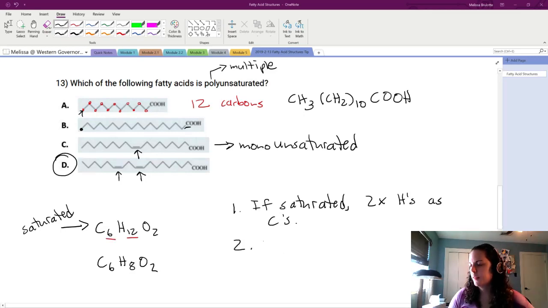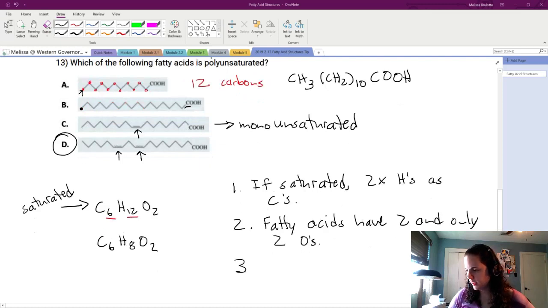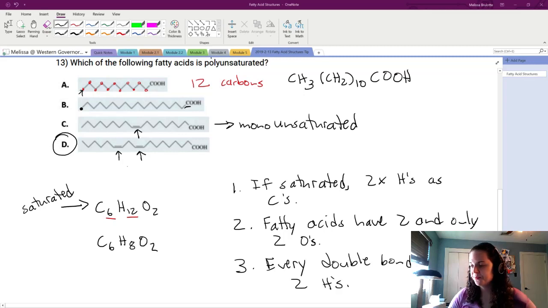Another important thing is that fatty acids always have 2 and only 2 oxygens. So we see that's fine for both of these. Now the third thing is that every double bond loses 2 hydrogens, like we said before. And so if we looked at this second one, we would see that we don't have twice as many hydrogens.